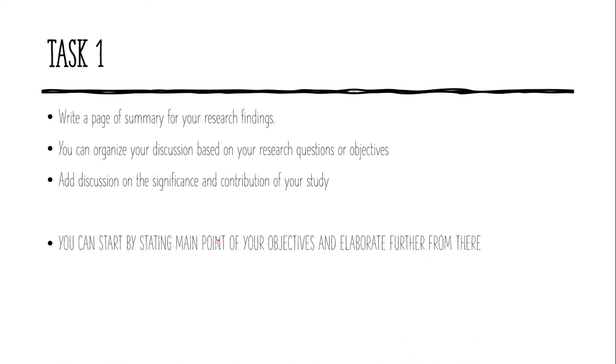Okay, you can do that as well. And at the end, you should add discussion on the significance and the contributions of your study. Yeah? So that is the first task. Okay, you can start by stating the main point of your objective and elaborate that further from there. Objective 1 is what, objective 2 is what, objective 3 is what. So what is the finding for objective 1? What is the finding for objective 2? What is the finding of objective 3? Okay, you can do that.